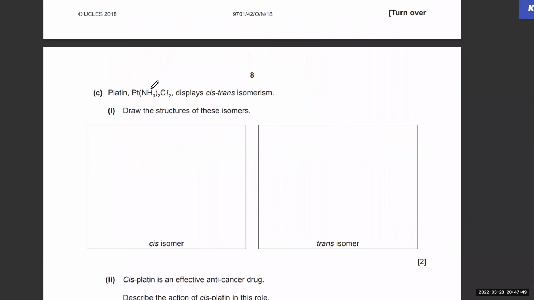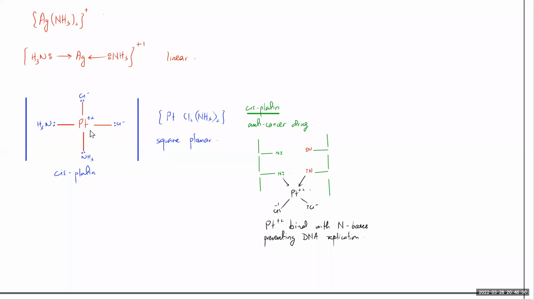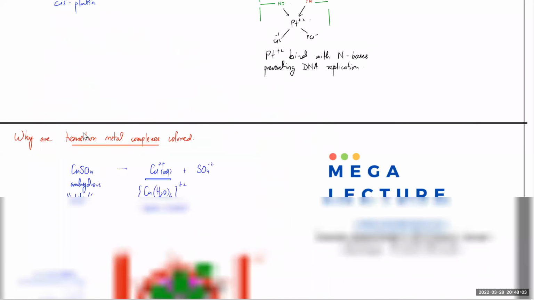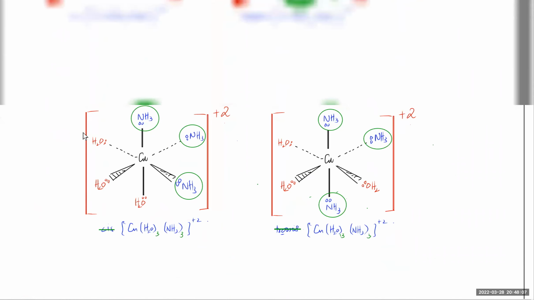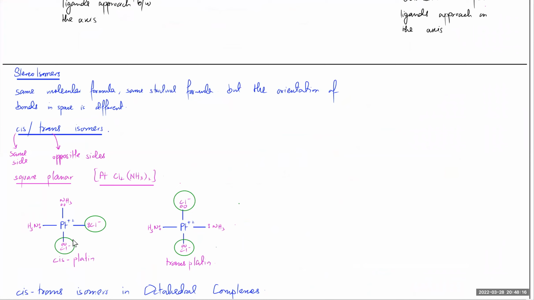And cis and trans isomers of platin, which is cisplatin and transplatin, you have to remember that one as well. So this one. The platinum ion is surrounded by 2 NH3s and 2 Cls.